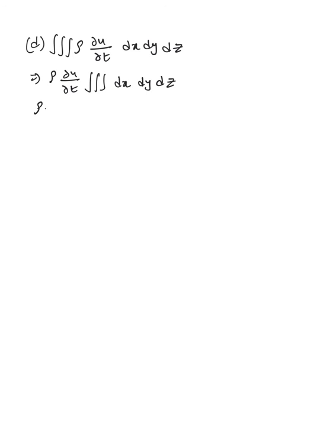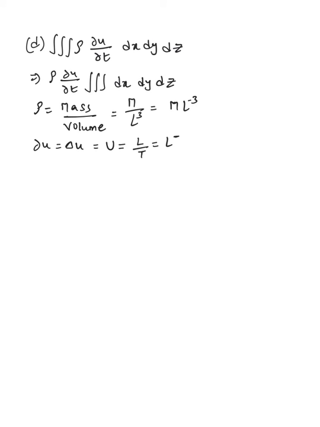Rho is again mass upon volume for density, which is m upon L cube, can be written as M L power minus 3. Dou u is equal to delta u is equal to u, which is velocity, L over t, or L t power minus 1.